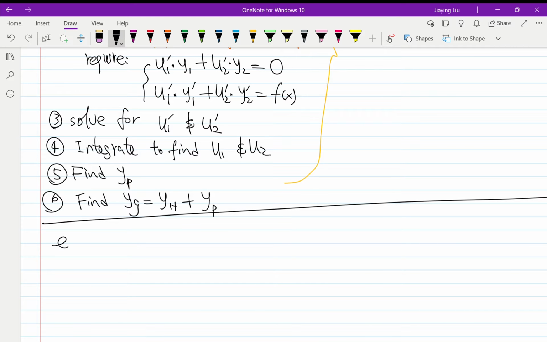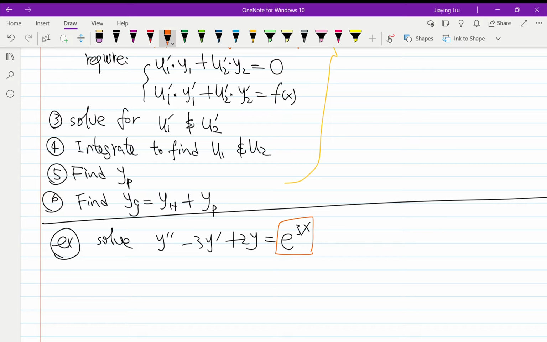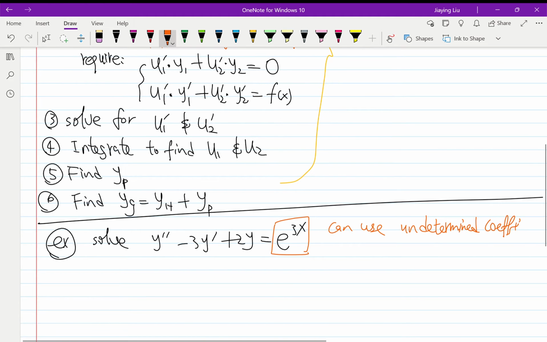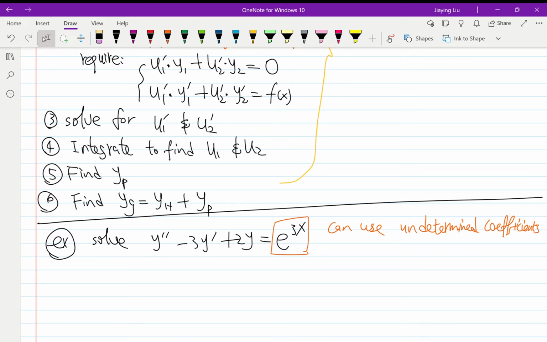So here's an example. The first example is that we're going to find the general solution of y double prime minus 3y prime plus 2y equals e to the 3x. This is something we have seen before, because this is a simple f of x. We can use undetermined coefficients if we want to.